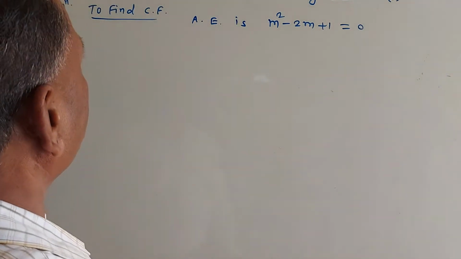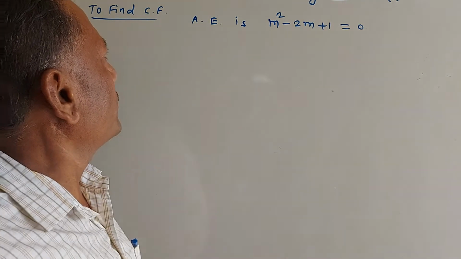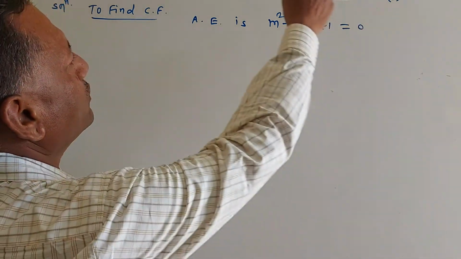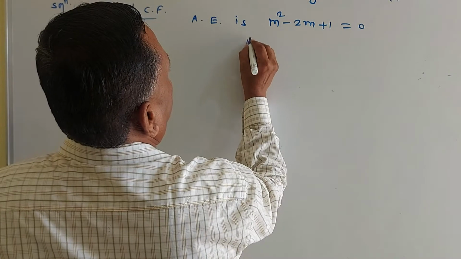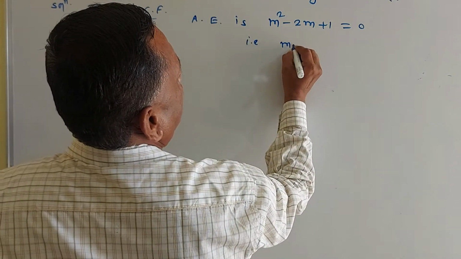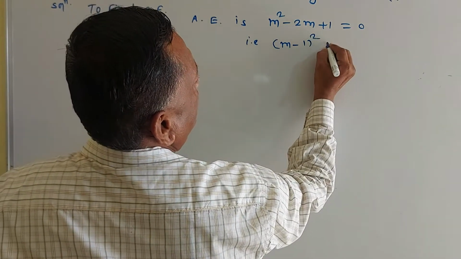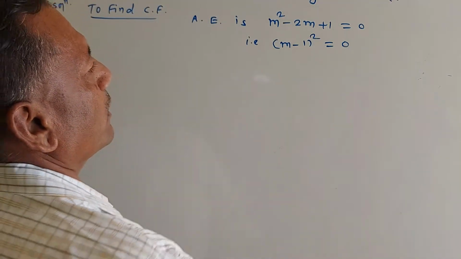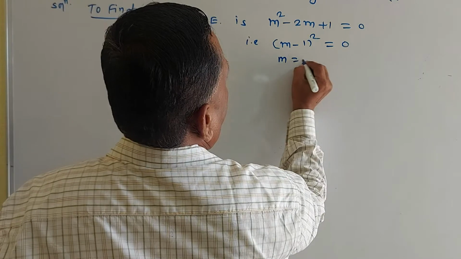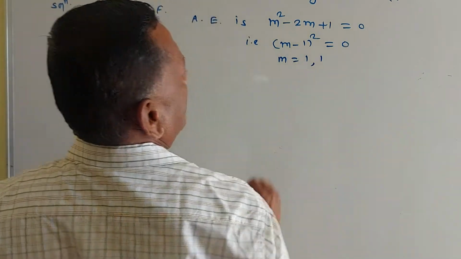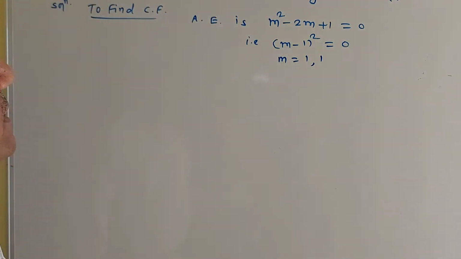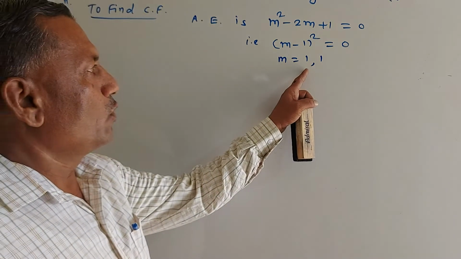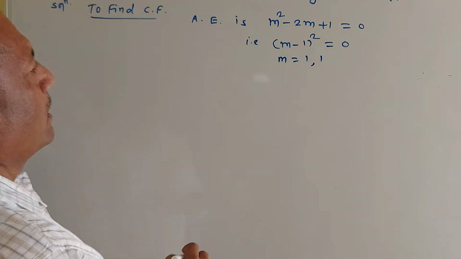You know that the auxiliary equation is obtained by putting D is equal to m and D dash is equal to 1. That is, this can be written as m minus 1 whole square is equal to 0. Therefore m is equal to 1 and 1. Means here root 1 occurs 2 times.